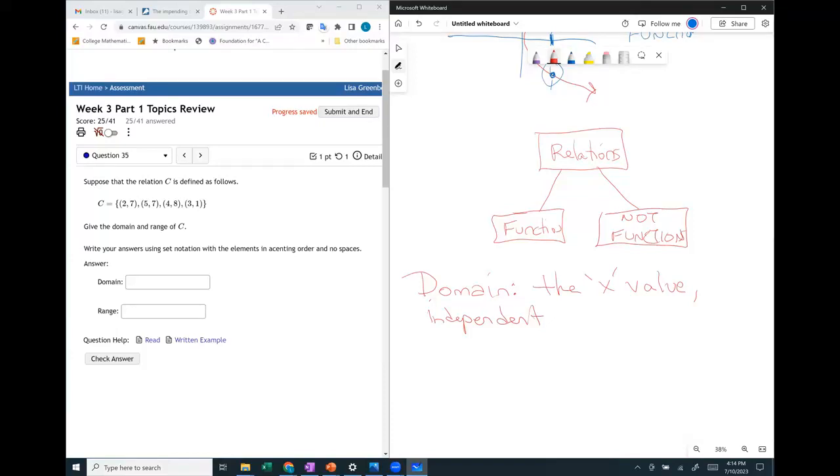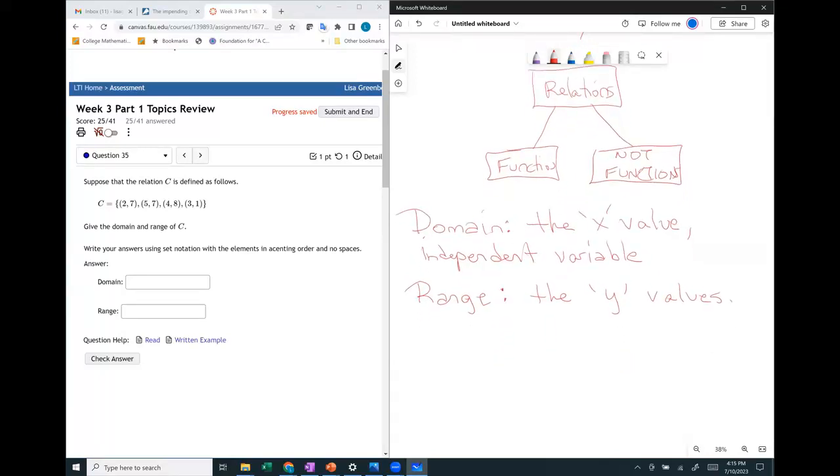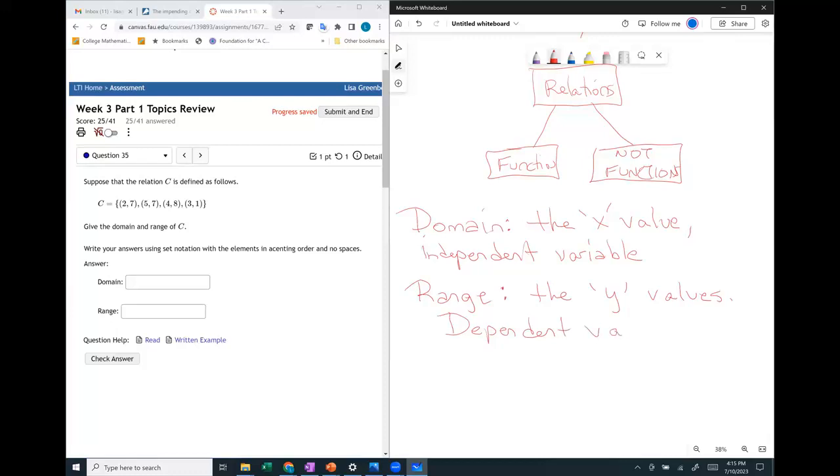So we call x the independent variable. And then we have range. Range is the collection of y values. y is also called the dependent variable, for the exact reason I just described.